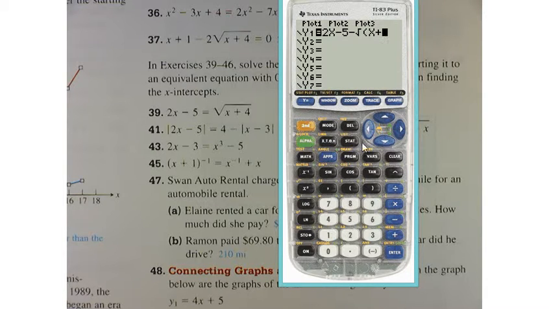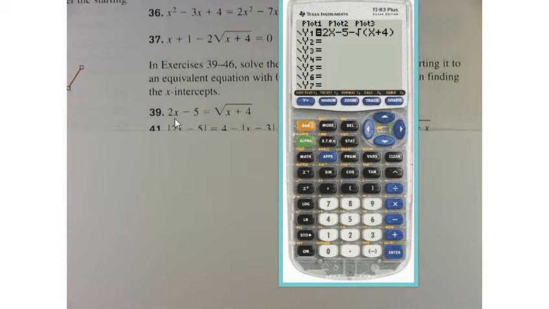Oops, of 4. The only thing I'm doing is subtracting this from both sides of the equal sign, and I'll get 2x minus 5 equals 4. In fact, I'll write it down so you guys can see it, so it'll make more sense.